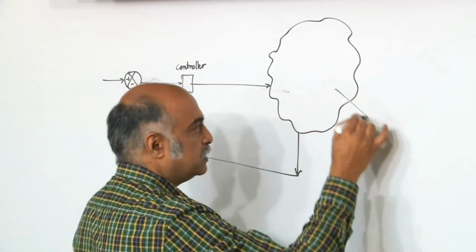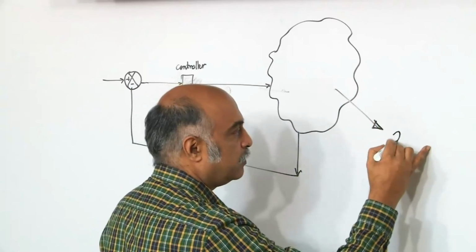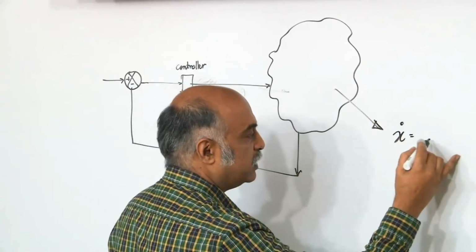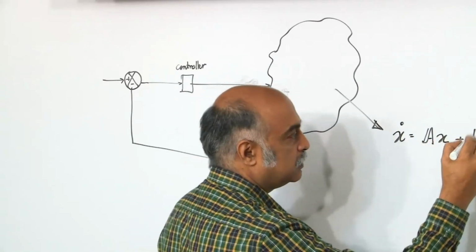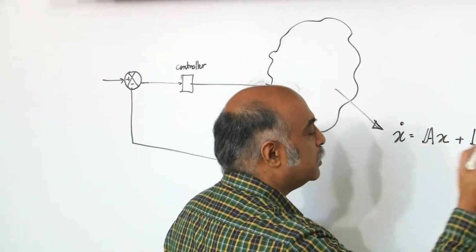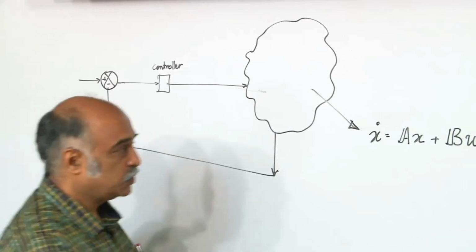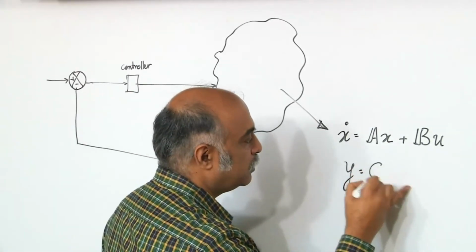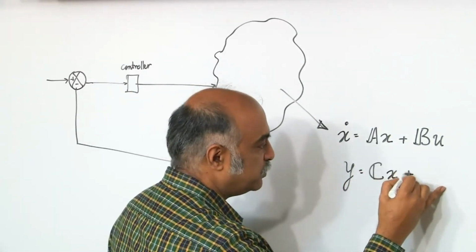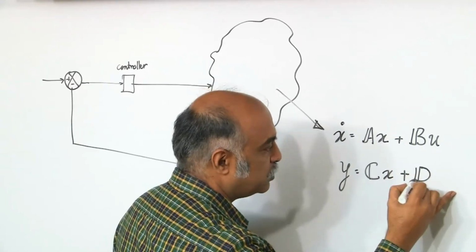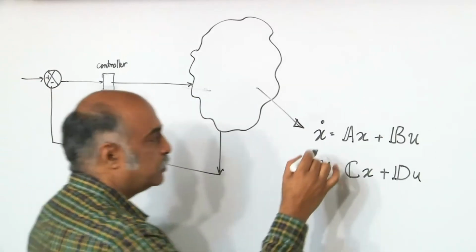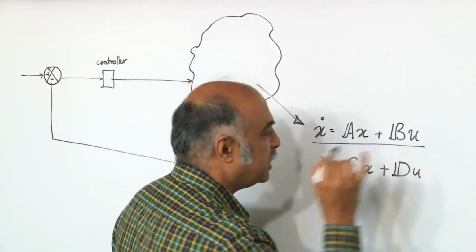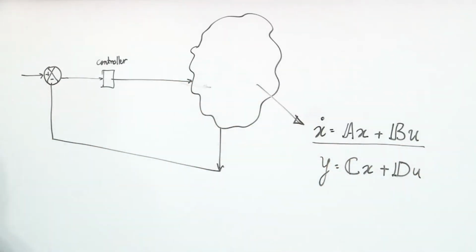So, we said that this is a continuous domain system. I have x dot equal to Ax plus Bu. Plus, of course, you also have the output. It goes without saying, even if I do not write this, you have y is equal to Cx plus Du. Though this is what we are focusing on most of the time, because that indicates the dynamics of the system.